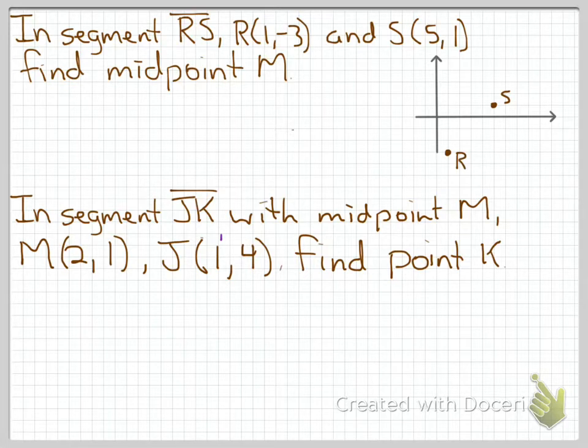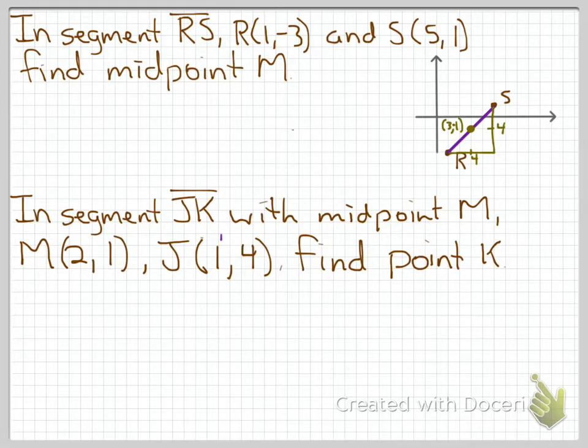Now, if we just cheated here and drew this segment, I would notice that it goes over 4 and then up 4. Now I want the middle of that, so I could almost take half of that, go over 2 and up 2, and I'd be at this point right here, which is 3, negative 1. That looks like it's the middle. That looks like it could work on the graph.